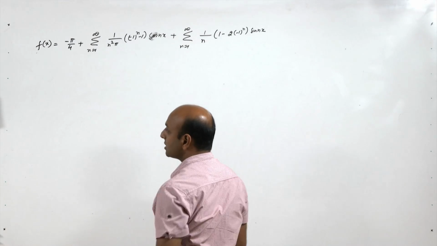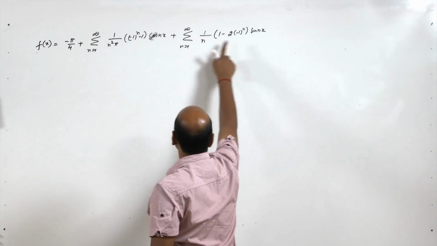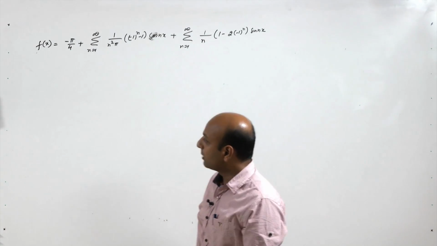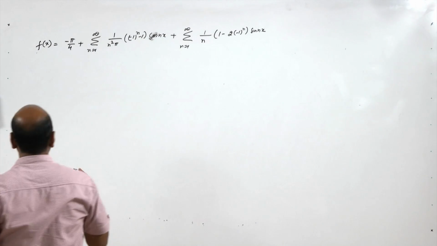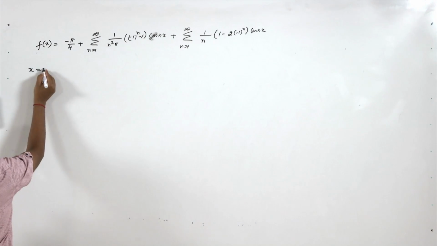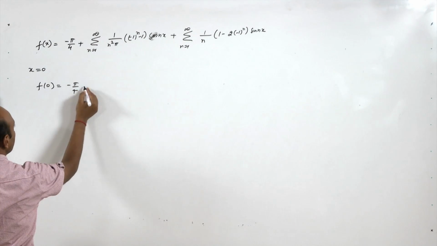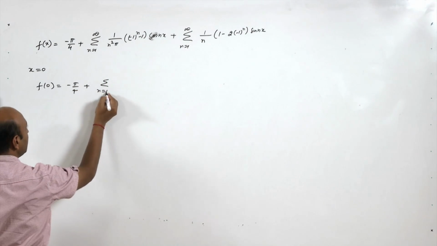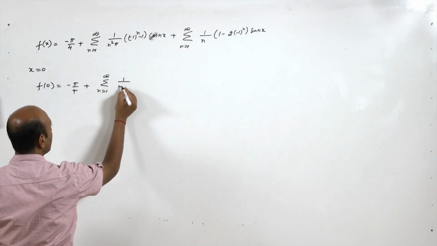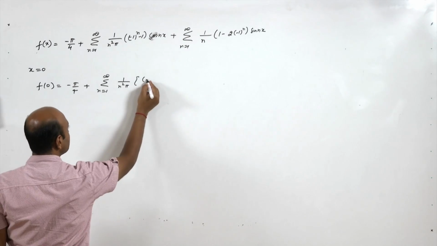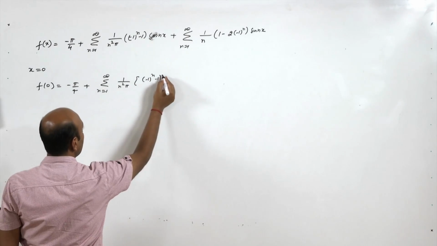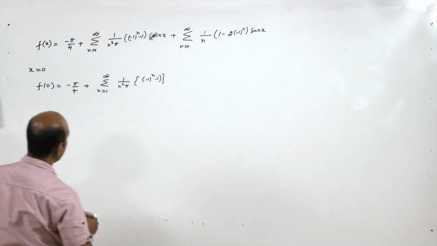So, this term is there, but we do not want this term. So, we can put x equal to 0. We put x equal to 0, so f 0 is equal to minus pi by 4 plus summation n from 1 to infinity 1 upon n square pi into minus 1 to the power n minus 1, and cos 0 is 1. Okay.